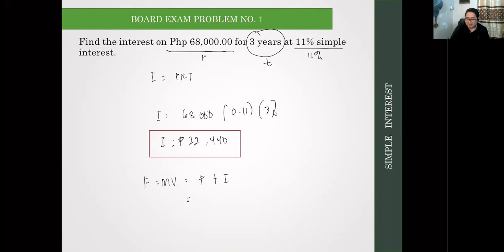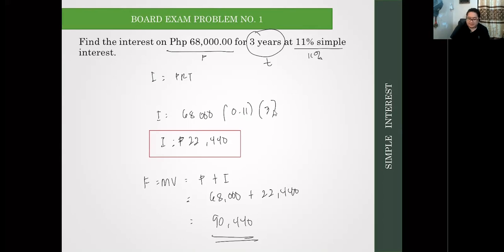That will be 68,000 plus 22,440. So that will be 90,440. Okay, so again, don't be confused with interest amount and future amount or maturity value.